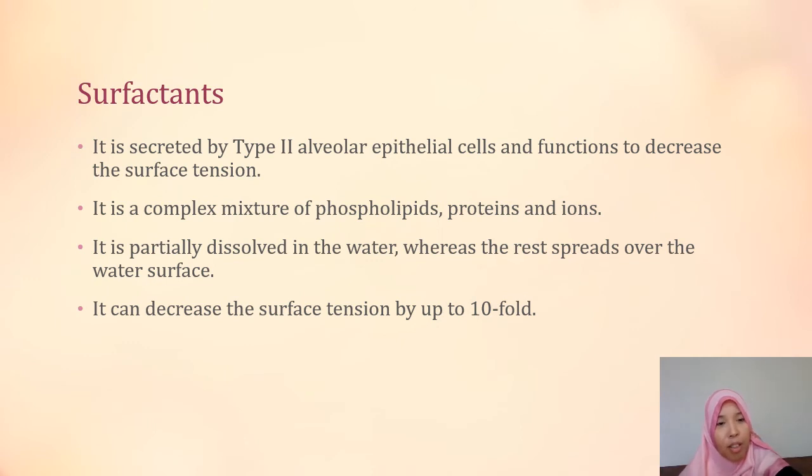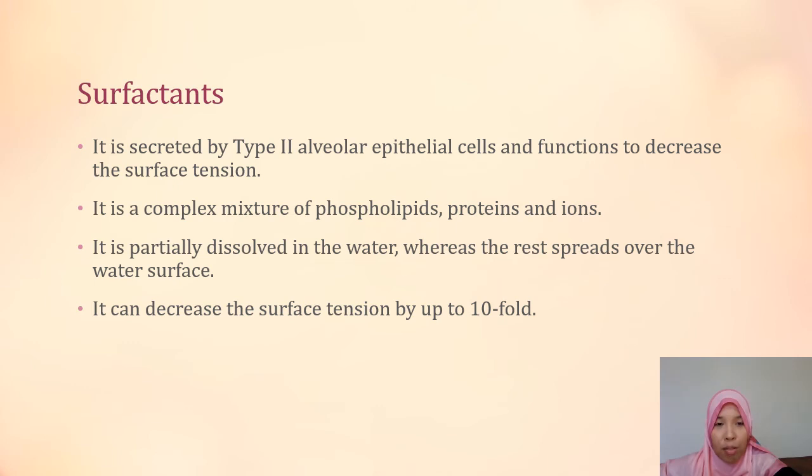We've talked about the alveolar cells in my first video. I mentioned that there are two types of alveolar cells. Type 1 is mainly flat, and they make up the alveoli. Then you also have type 2 alveolar cells, which are spread out in the lung as well.